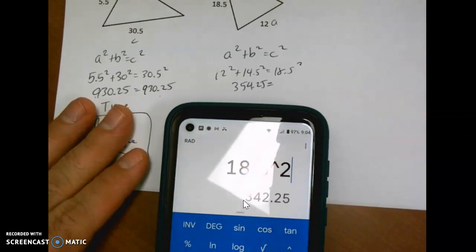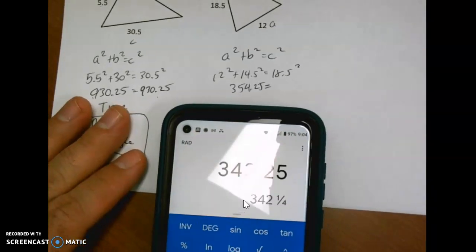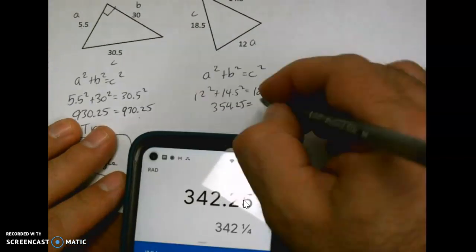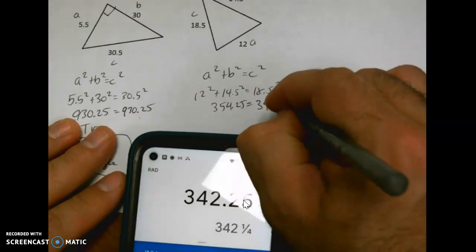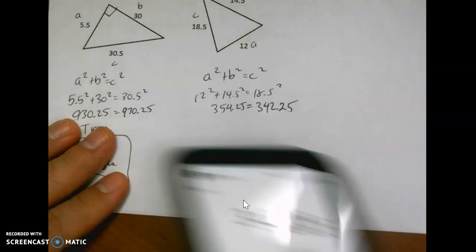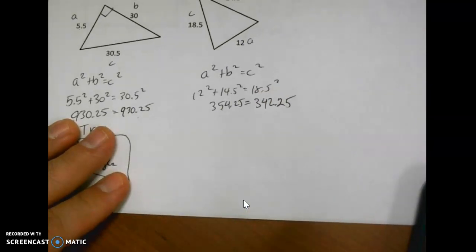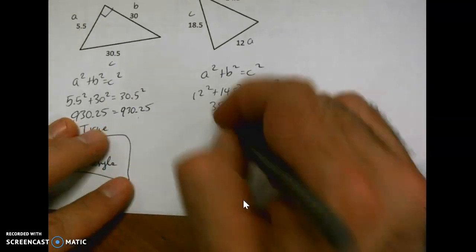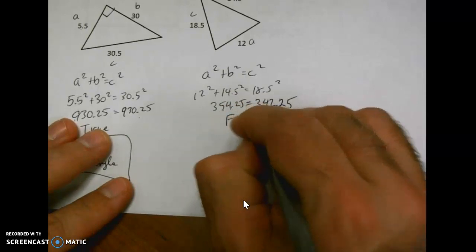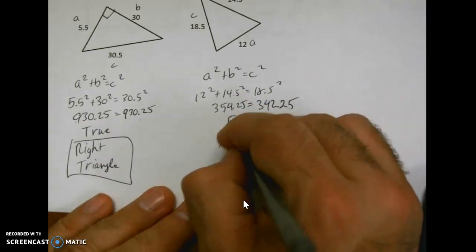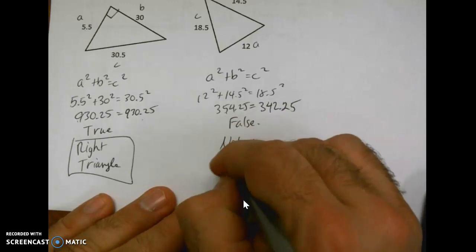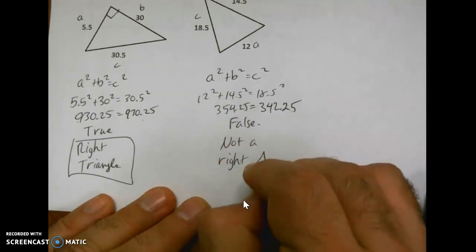And 18.5 squared equals 342.25. Okay. So these values are close, but they're not the same. That's a false statement. So this is not a right triangle.